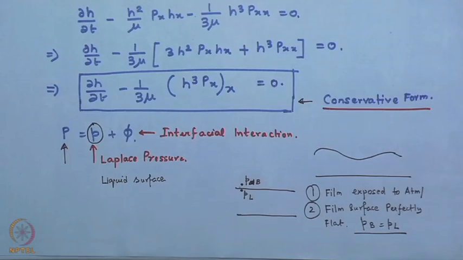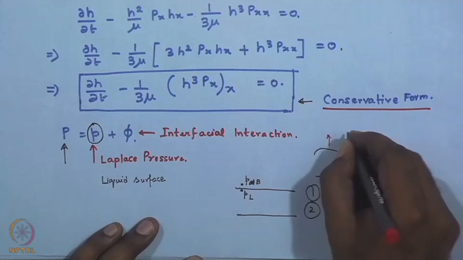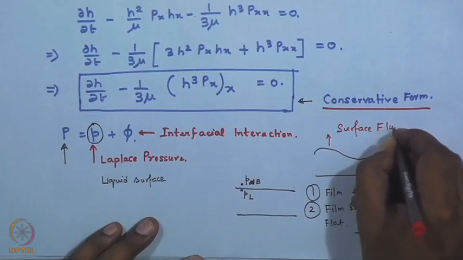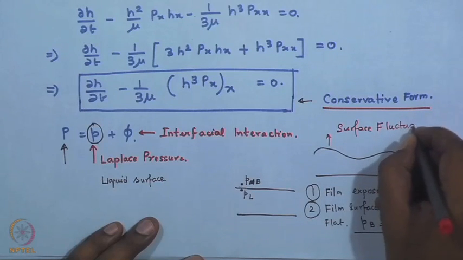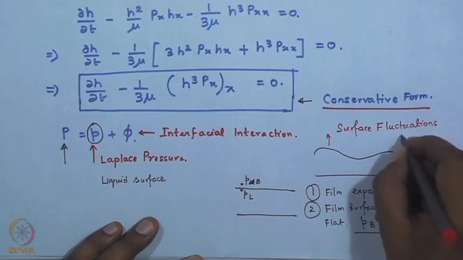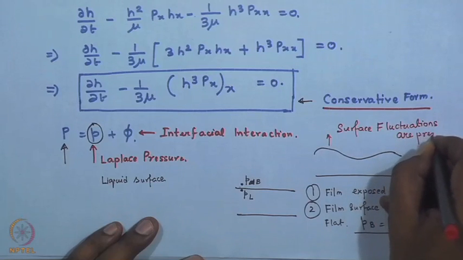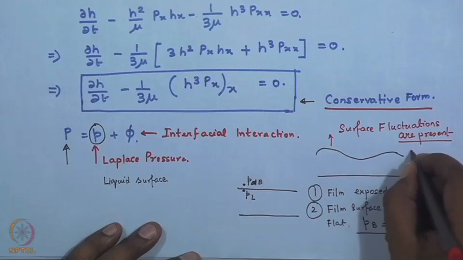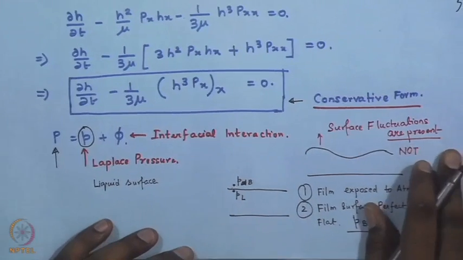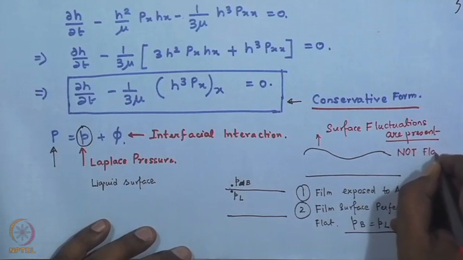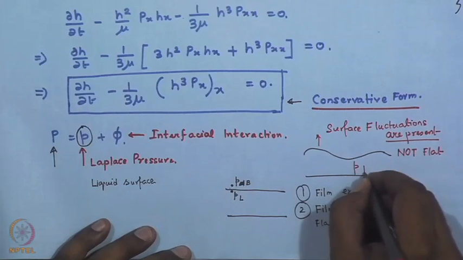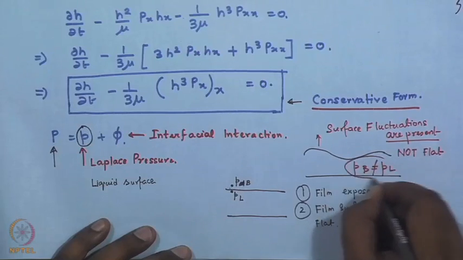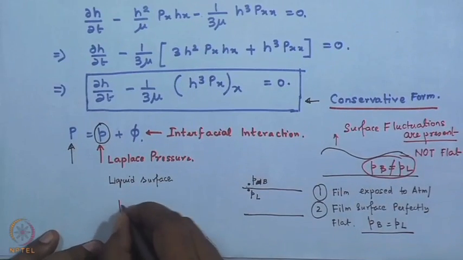But now that we understand that we have surface fluctuations, which means that the surface is no longer flat, therefore, Pb is not equal to Pl anymore.